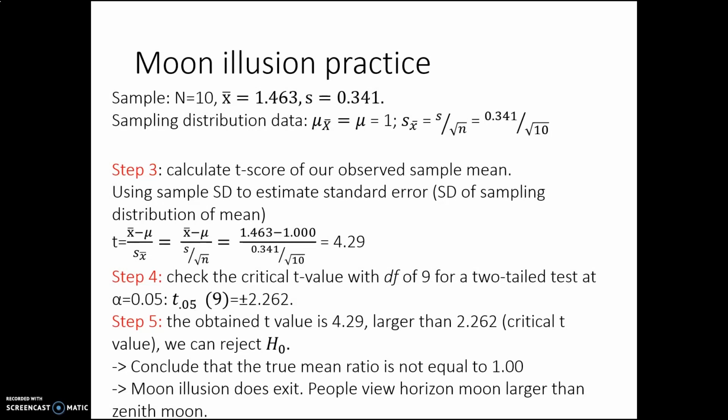So from now on, we are going to insert this word significantly into our conclusion, saying that people view the horizon mole significantly larger than the Danish mole. And this word significantly means that there is a true difference between the sample and the population.